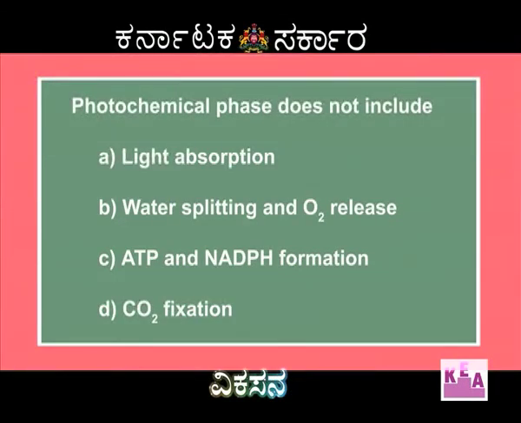The first three options, light absorption, water splitting and oxygen release, and ATP and NADPH formation, all take place during the light reaction. Carbon dioxide fixation is not taking place during the light reaction, so carbon dioxide fixation is the correct answer. So option D is the correct answer.